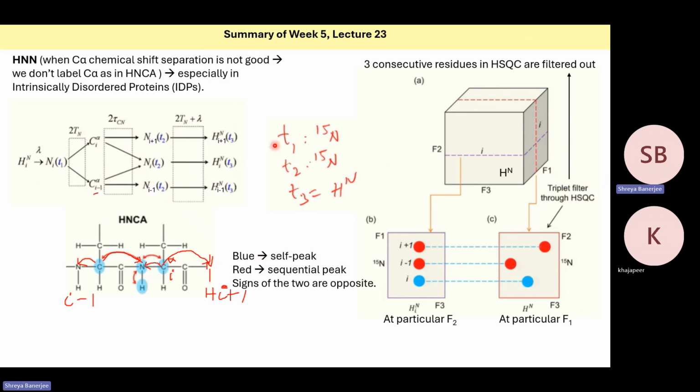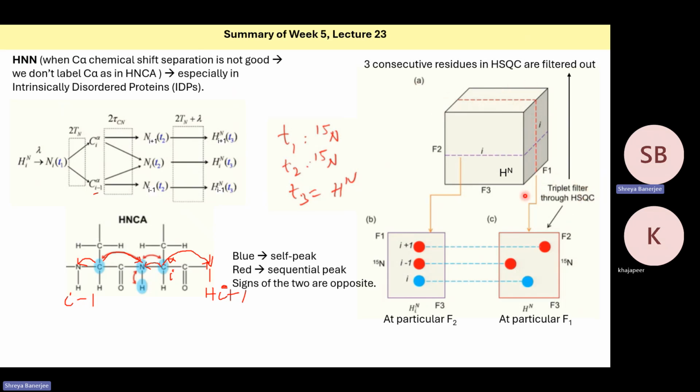First of all, it's called HNN because out of the three axes, one is H and the other two axes are N. It is also called a triplet filter through HSQC because you are detecting, so I'll talk about that.